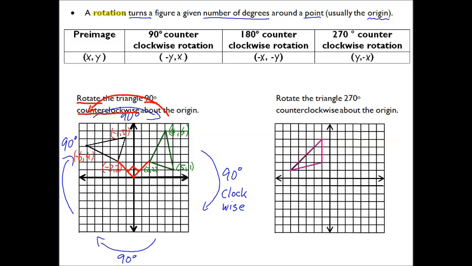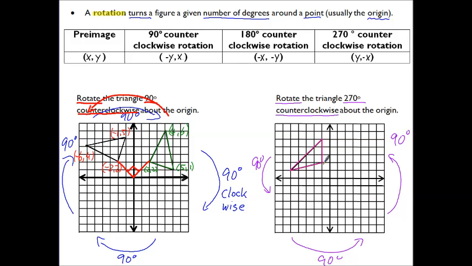Let's go to our next example. Now we're supposed to rotate the triangle 270 degrees counterclockwise about the origin. 270 degrees counterclockwise, so we go 90 degrees, another 90 degrees, and another 90 degrees, and we end up in the first quadrant. 90 times 3 is 270.